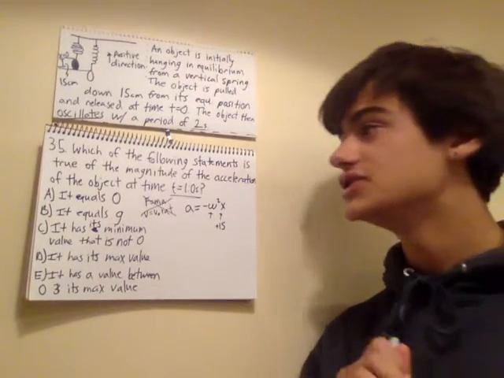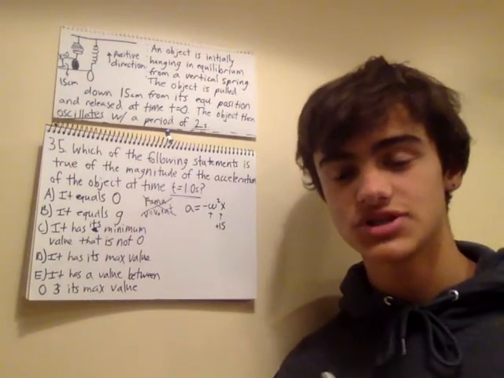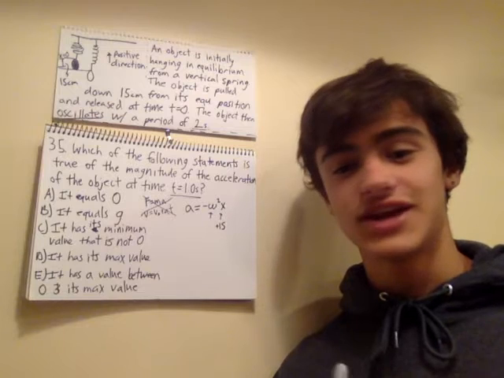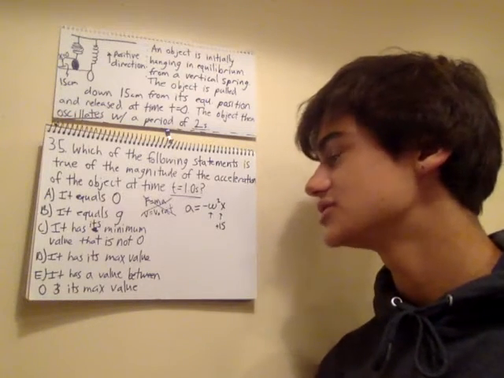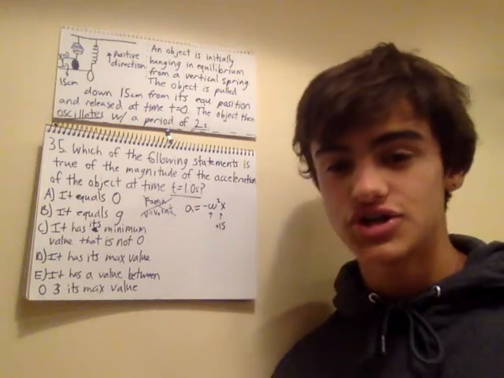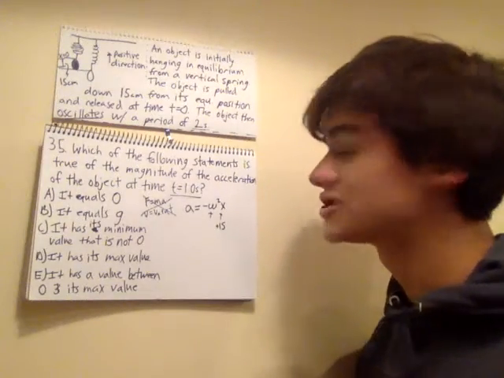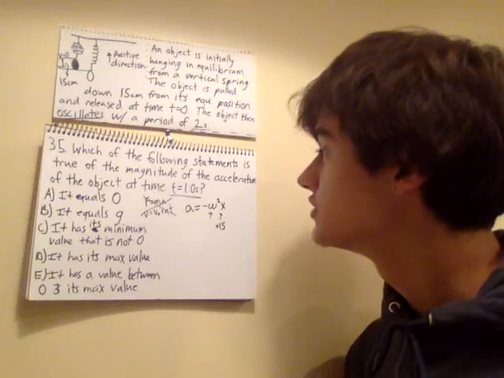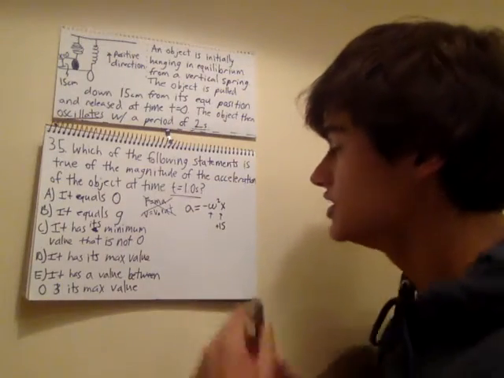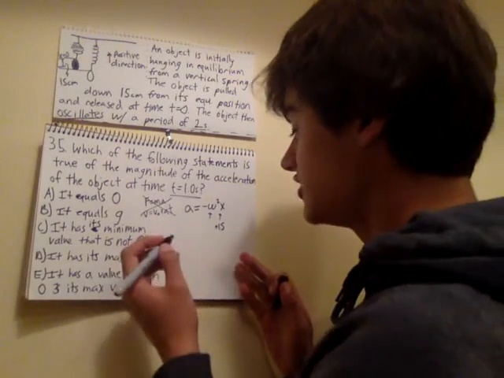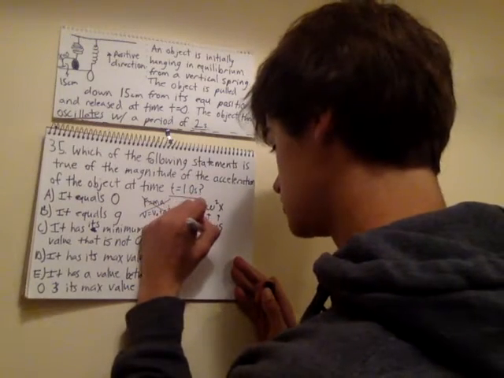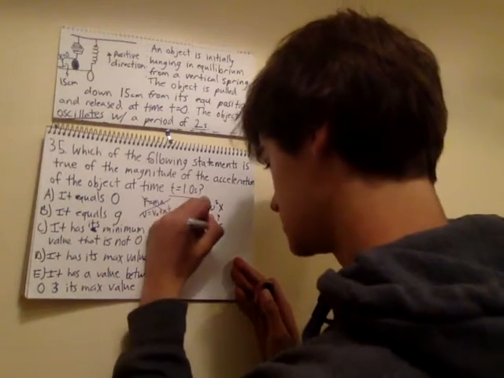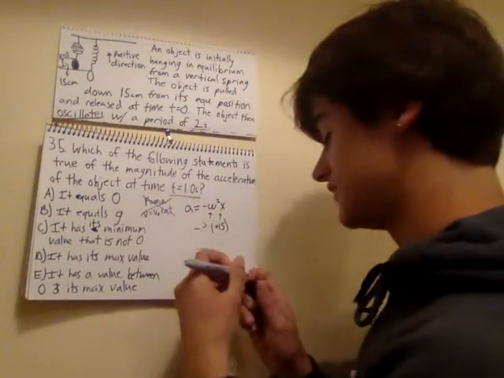The goal in these multiple choice problems is to get the answer by doing the least possible amount of work. For this problem, that means not having to solve for omega, just knowing that it's going to be a constant value. Whatever omega is, negative omega squared is going to be some negative number, times positive 15.